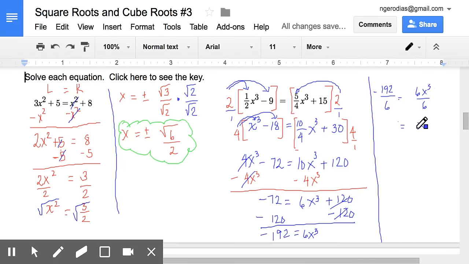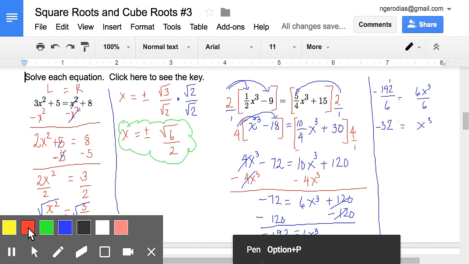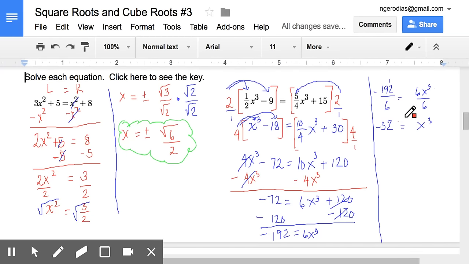And so we'll have x cubed is equal to negative 192 divided by 6, which is negative 32. 19 divided by 6 is 3, that's 18, and there's an extra one. 12 divided by 6 is 2. So negative 32. So now we're going to undo the cubing.